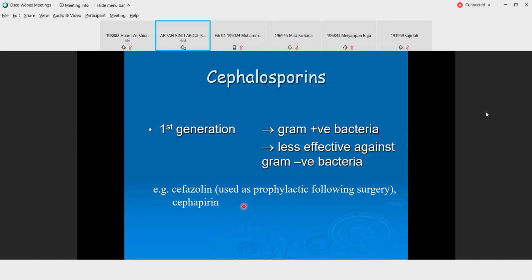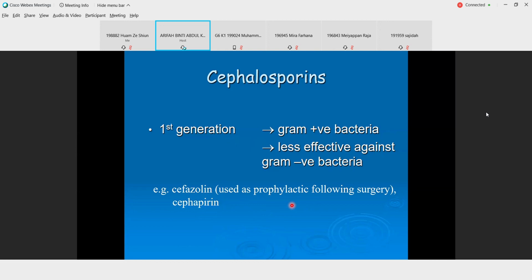But cefazolin is used as prophylactic, which means not after a very short surgery, but a long-standing surgery, like 8 to 12 hours, usually orthopedic surgery, when you open up the knee capsule and so on.